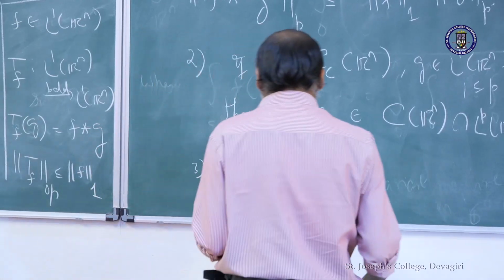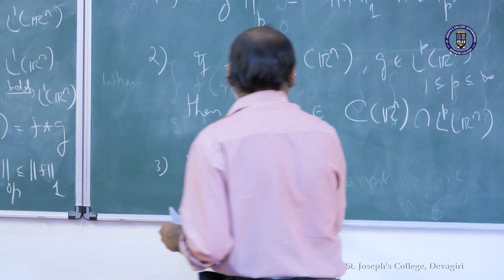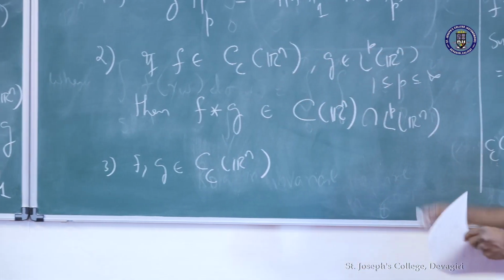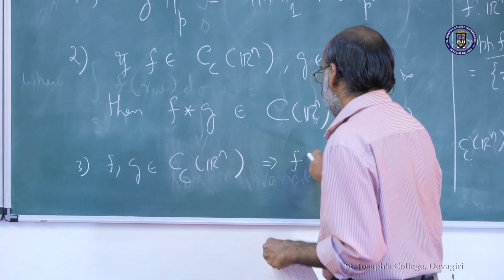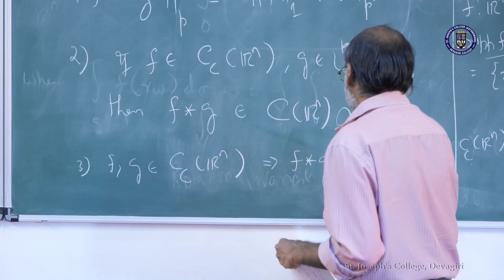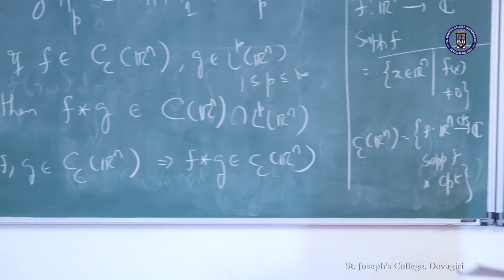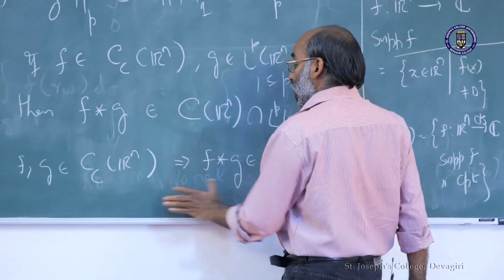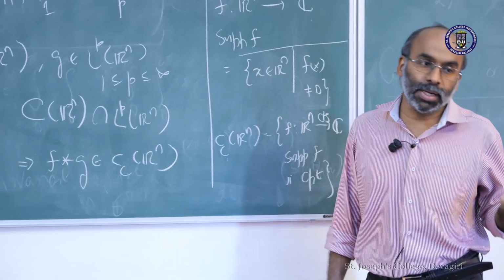3. Well, if I take both of them to be nice, in Cc of Rn, okay, then the convolution is also going to be in the same class. If I take 2 compactly supported continuous functions and convolve them, the convolution is also going to be compactly supported.